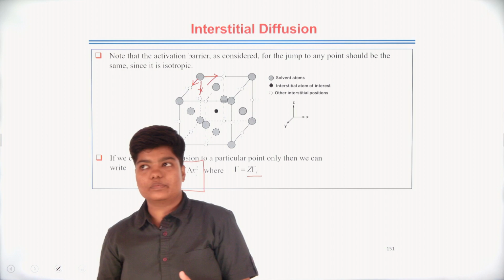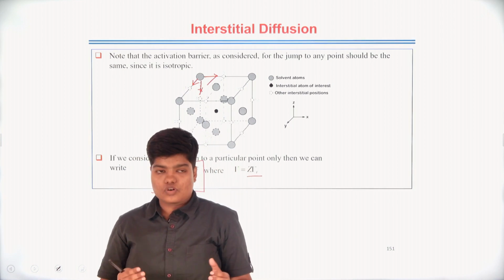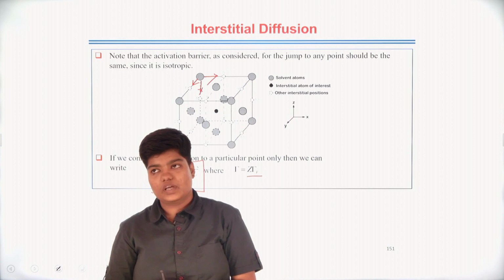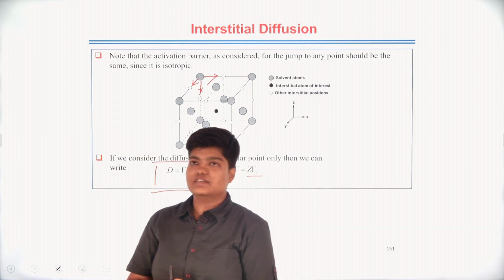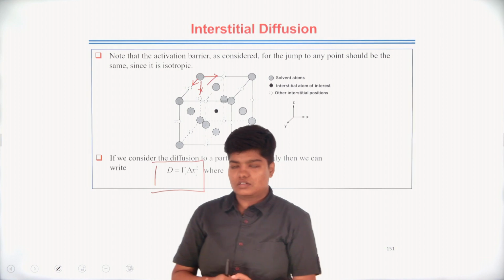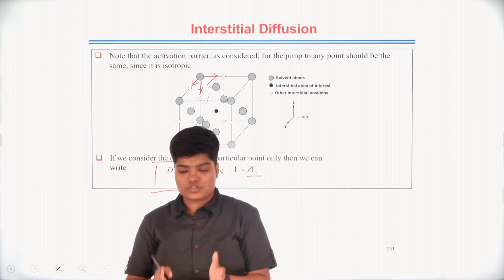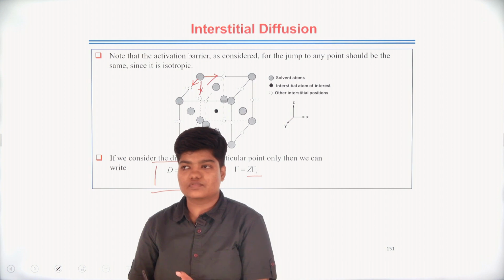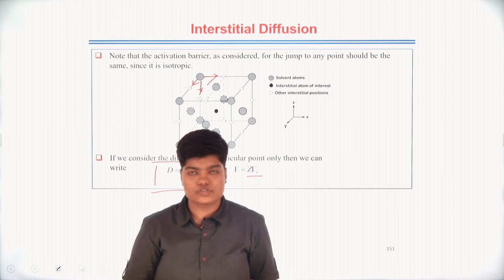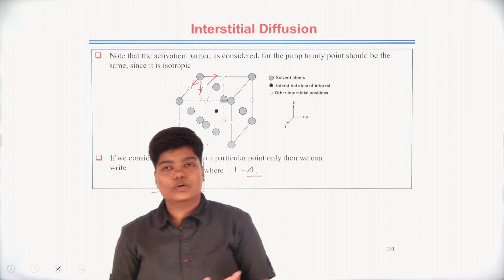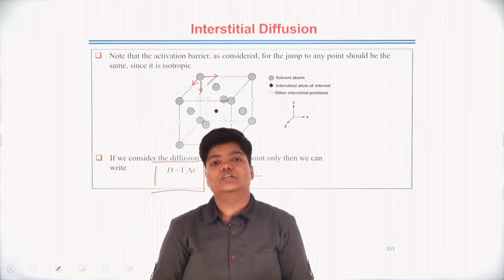Basically we have to remember that the jumping or the diffusion can happen from any side. But if you compare the substitutional with the interstitial diffusion, the interstitial diffusion will be more, because in substitutional diffusion atoms are going to exchange their position with an empty or vacancy site.